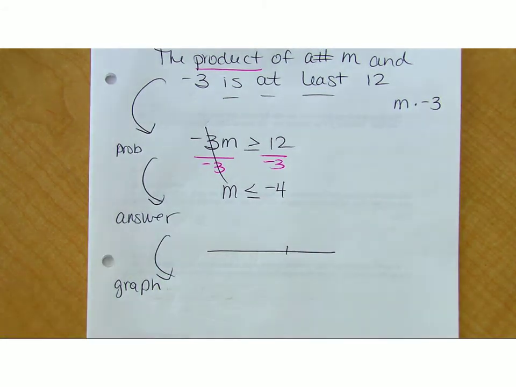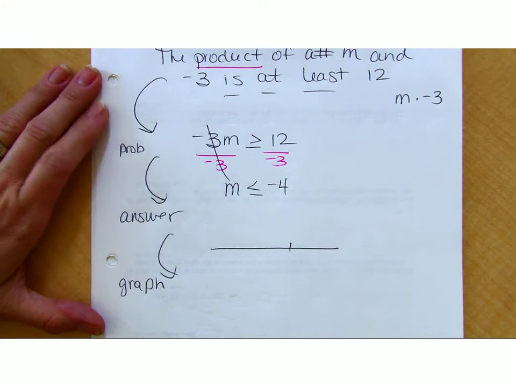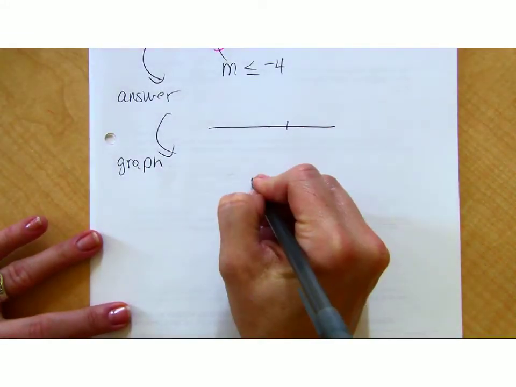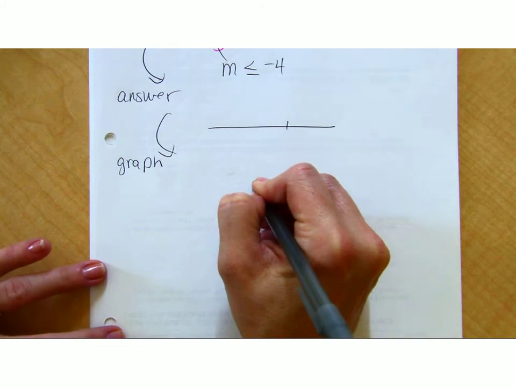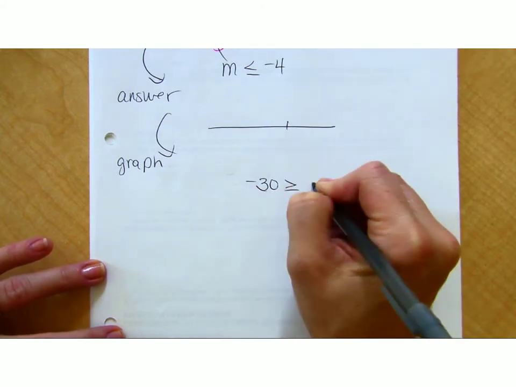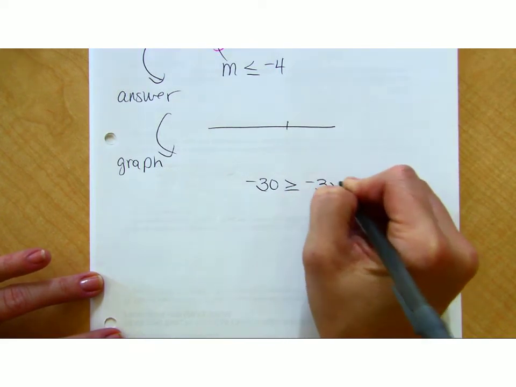Now, I have to point something super crazy important out to you, because it's another one of those things that if you don't stop and think about it, you're going to do something and then undo it without even realizing you undid it. What am I talking about? Let me show you. If I were to take -30 is greater than or equal to -3x, all right?